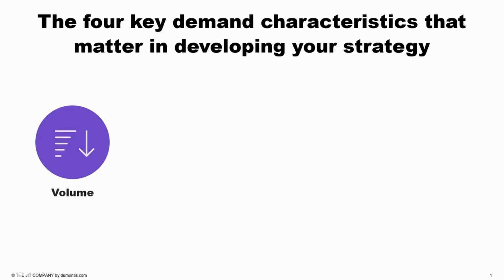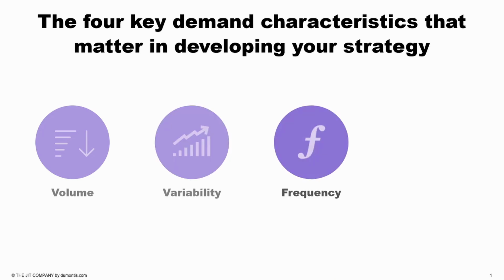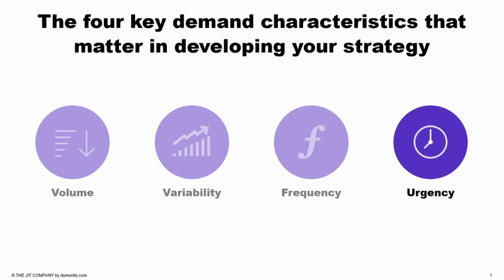These are volume, meaning the quantity required by your customers, variability, meaning the amount of fluctuation in demand volumes over time, frequency, or probably better the interval with which you need to supply your market, and lastly urgency, by which I mean the time that your customers allow you to supply them.